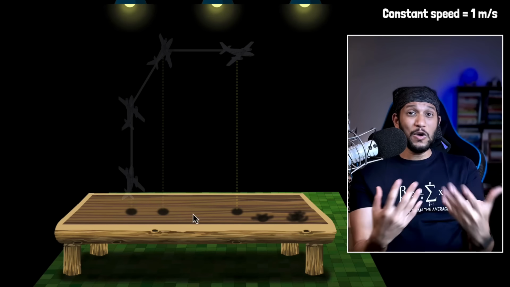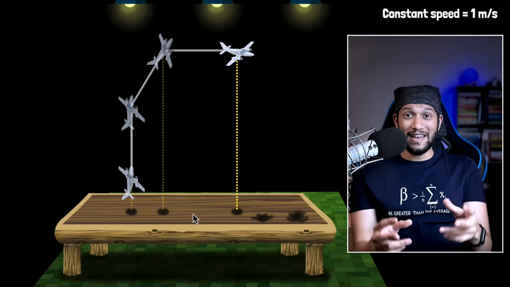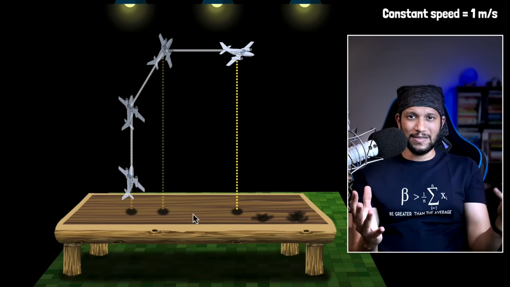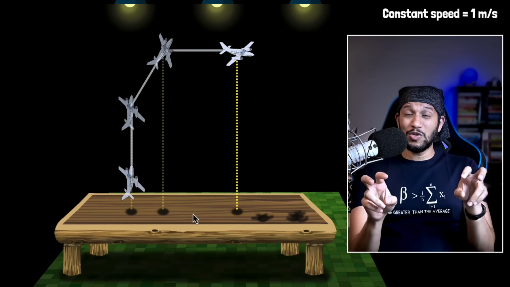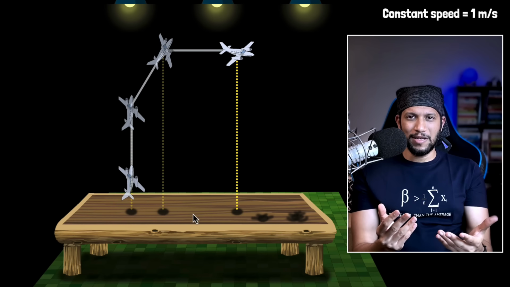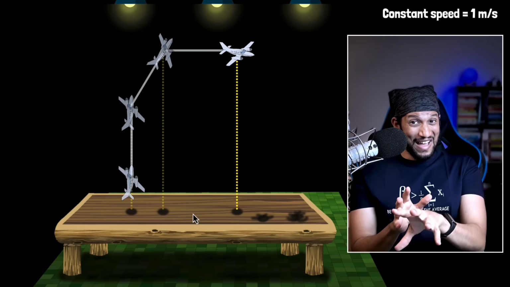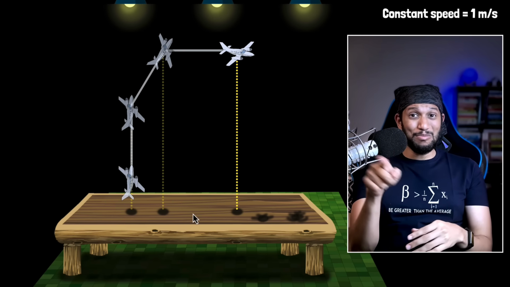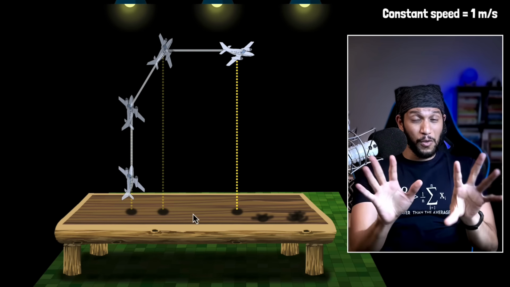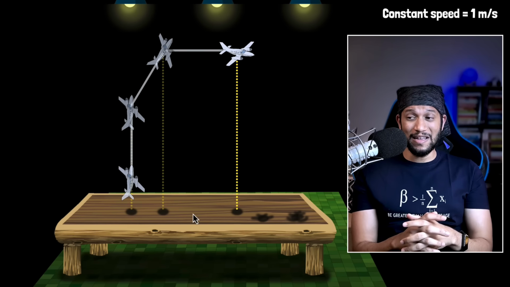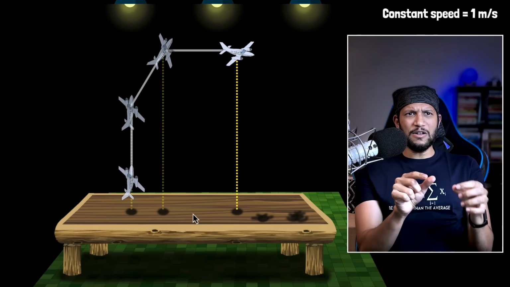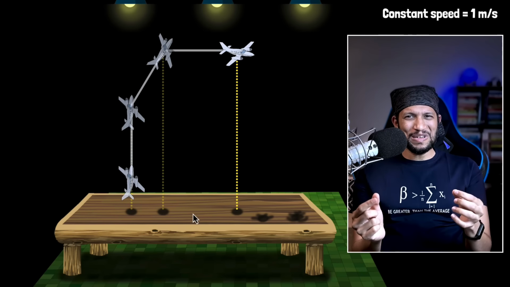Now, you and I know what's really going on. We understand that really that object is traveling at the same speed in 3 dimensions. But since that shadow only represents a 2-dimensional projection, that's why that shadow will have variable speed. But they don't know that. In fact, if they could see that shadow long enough and the plane kept on moving and twisting and turning, but all the while maintaining that constant speed of 1 meter per second, they will eventually realize that shadow keeps moving, but it will have a maximum speed of 1 meter per second.